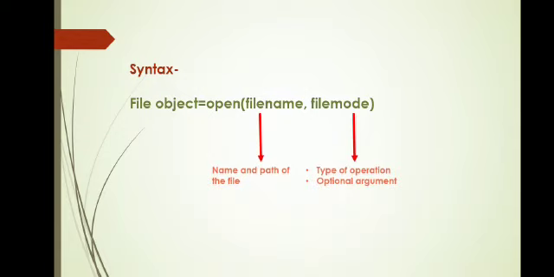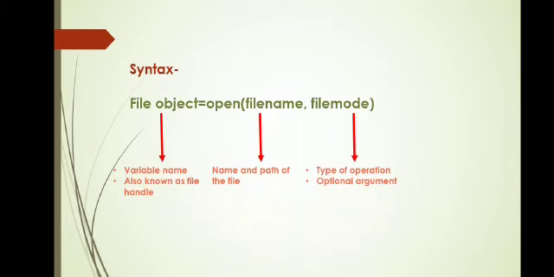Now, since in opening the file we are creating a reference to the file from within the program, when we use the open function, it creates a reference to the file and provides that reference to you, which you are going to store in a variable known as the file handle or file object.